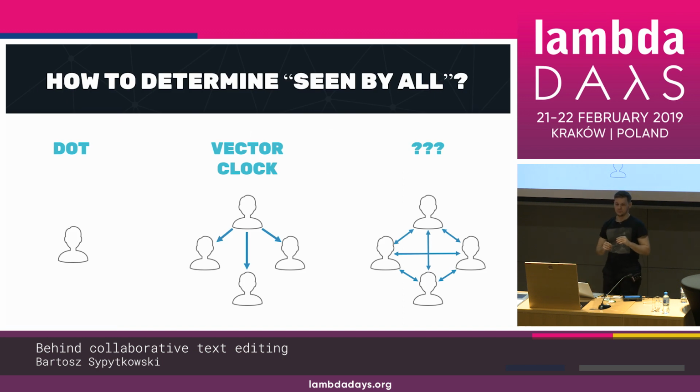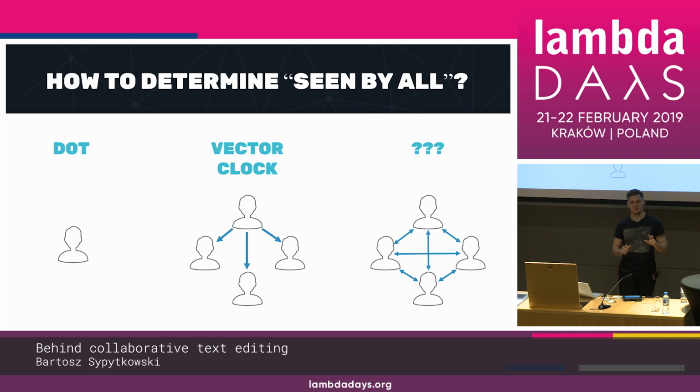okay, first, with dots, we can track the order of our own operations. With vector clocks, we can track orders of operations assigned by other people to us, as well as our own. But what we actually need here is something that will tell us what every one of the peers saw from every other peer's perspective.